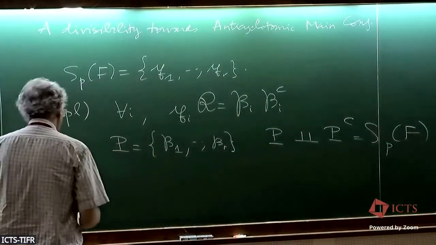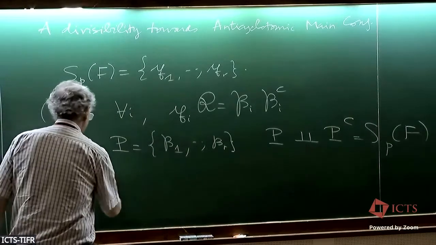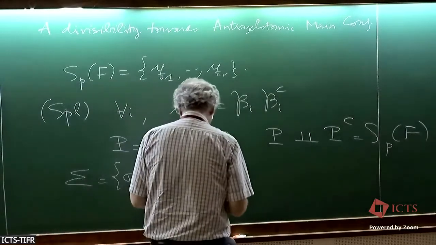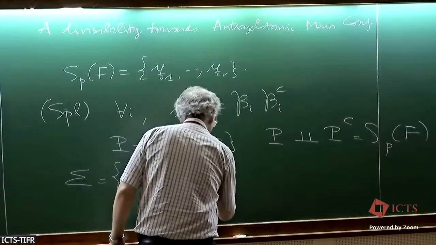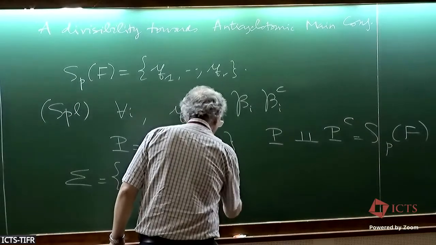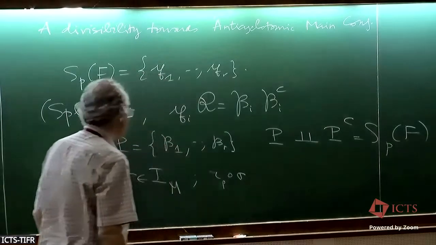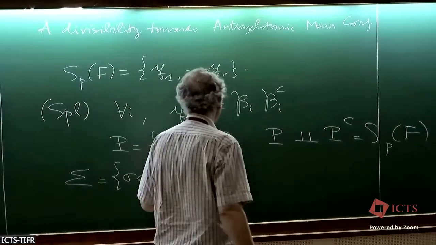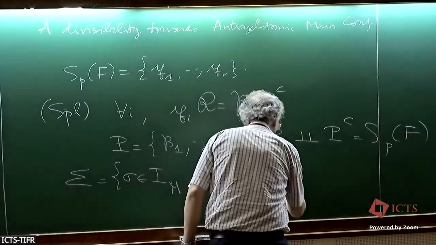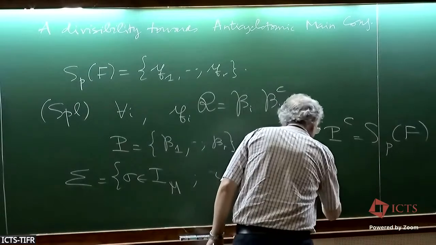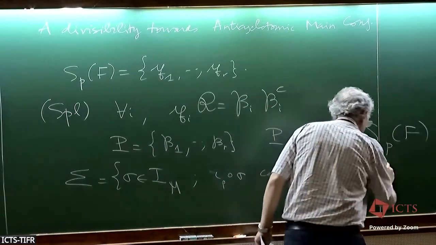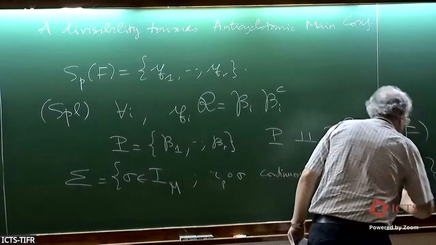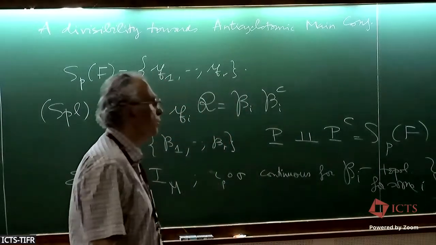And we define a set of embeddings Sigma in I_M such that iota_p composed with sigma is an embedding of M into Q_p bar, which is continuous for the p_i topology for some i. And so this defines a CM type.